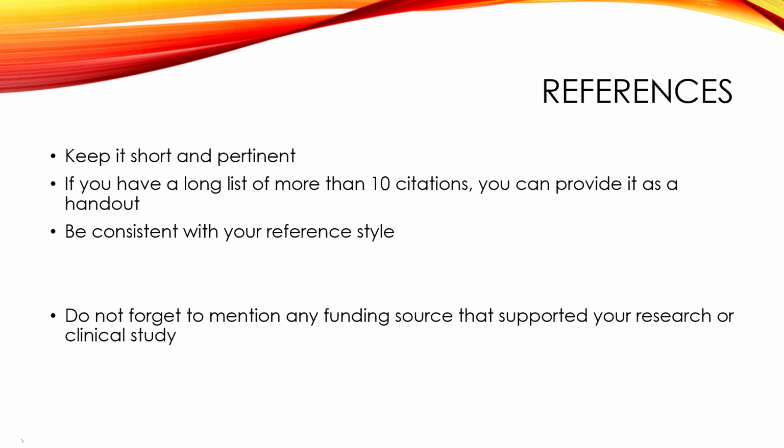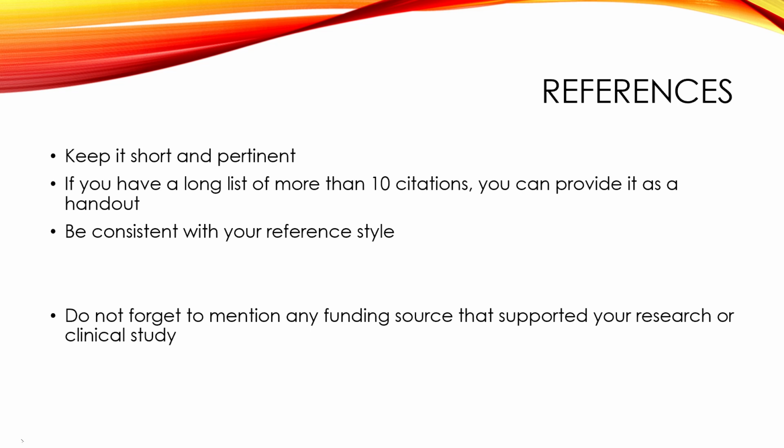So if you have a really long list of citations and if you feel like, oh, these are all very important and I want to include all of them, it might actually be a better idea to have a Word document or a handout that you can give to people, so you can just put like 2 or 3 references on the poster, or you can just write on the poster, handout with references will be provided.